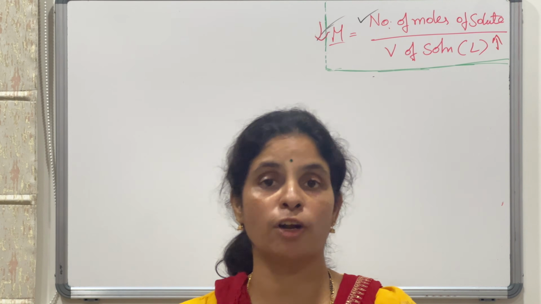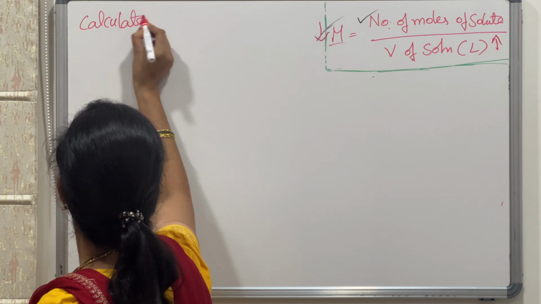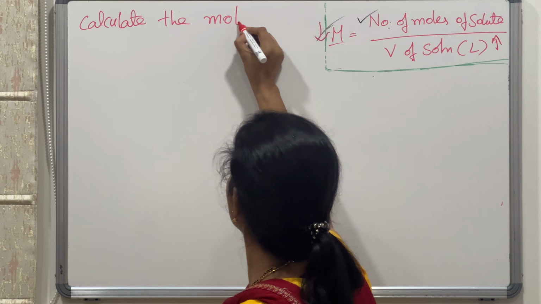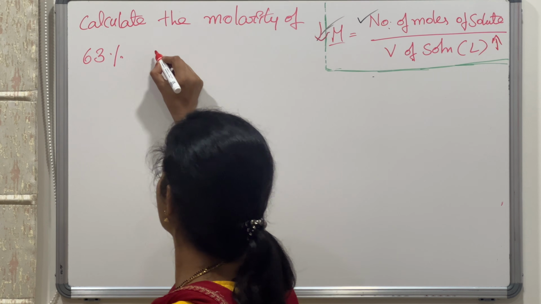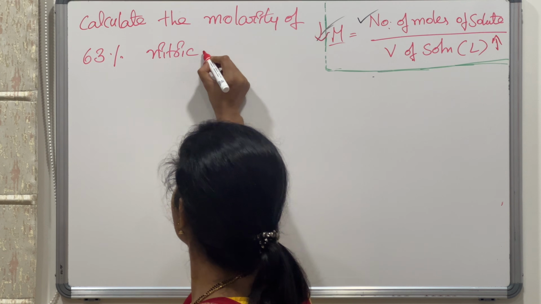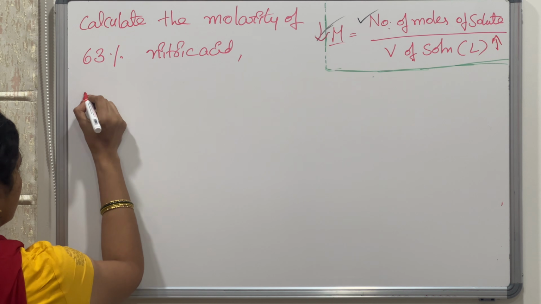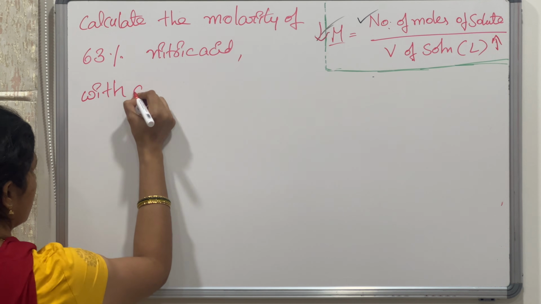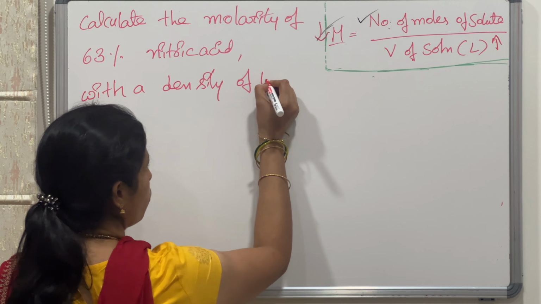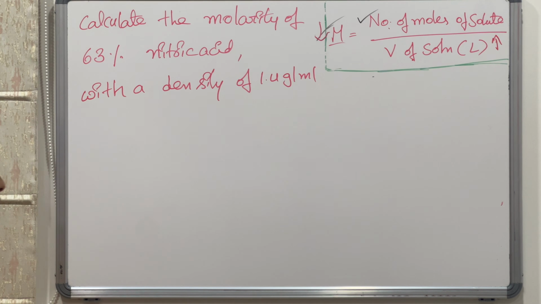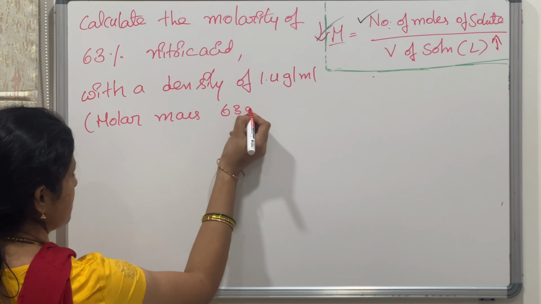So now we'll discuss one of the previous year questions, that is: calculate the molarity of 63% nitric acid with a density of 1.4 gram per ml and molar mass of HNO3 is 63 grams.